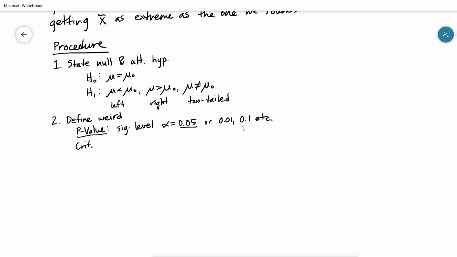If we're doing the critical value approach, so if we're doing the critical value method, I need to define what weird is, not with an area. So again, how did I do it before? I think blue. This is an area. I will define it with a z-score. And the critical value is either going to be z sub alpha, negative z sub alpha, plus or minus z sub alpha over 2, depending again on whether we are, in this case, switch the order here, the right-tailed case, left-tailed, and two-tailed.